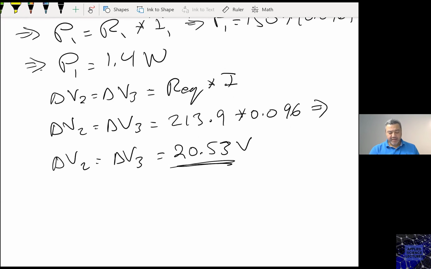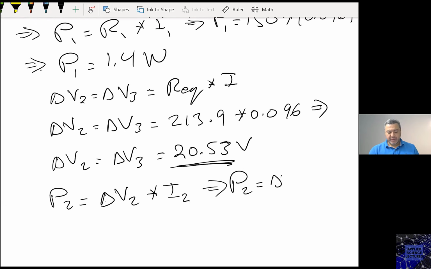Now I found the potential difference across our equivalent, which is the same across R2 and the same across R3. Then I can say P2 equals delta V2 times I2. I don't know I2, but I2 equals delta V2 divided by R2.